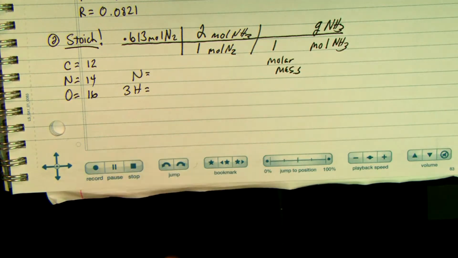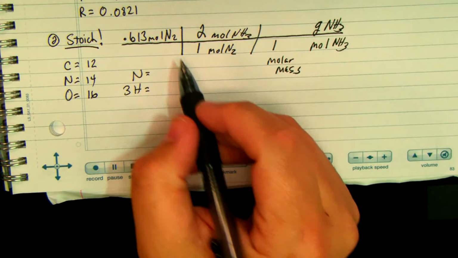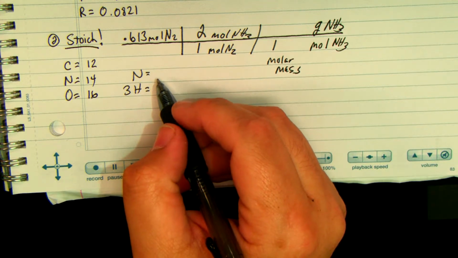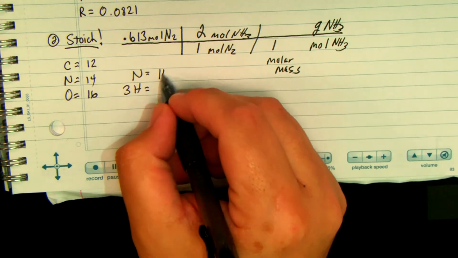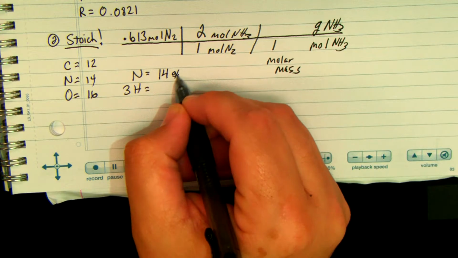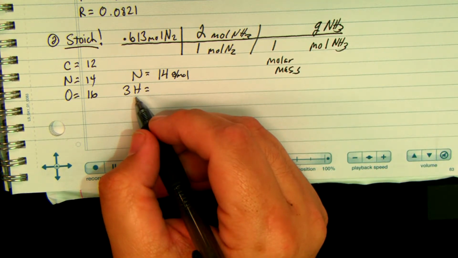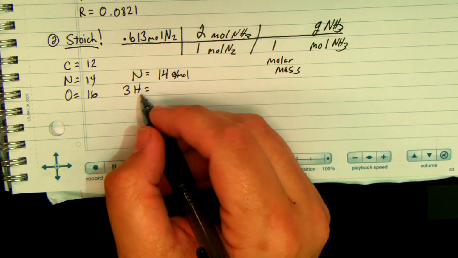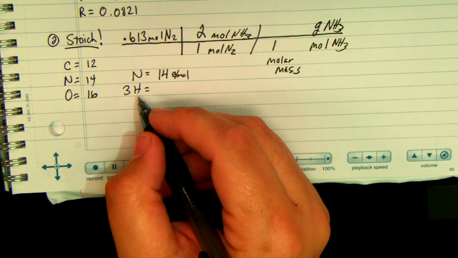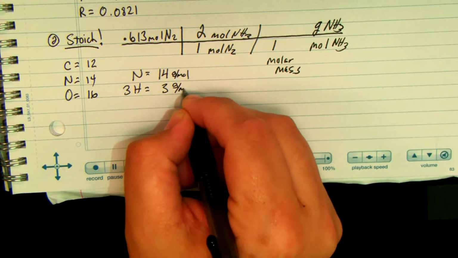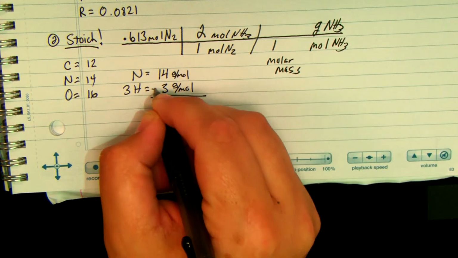So, what's the grams of nitrogen? 14. So we get 14 grams per mole of nitrogen. Now, what's the molar mass of hydrogen? 1. But we have 3 of them, so it's 1 times 3, so we get 3 grams per mole. Add these guys up, it's 17 grams per mole.